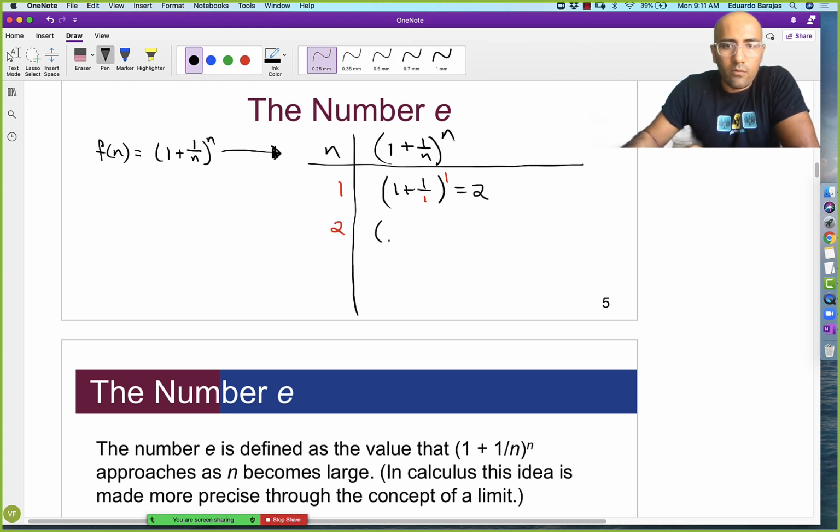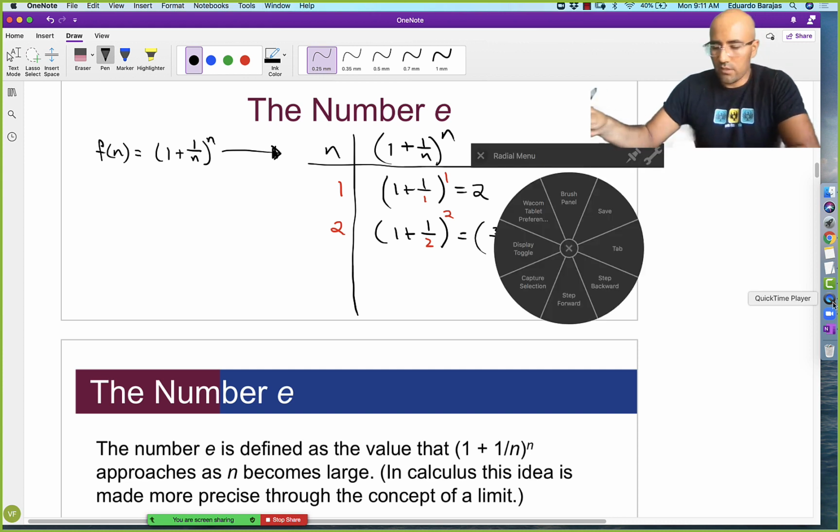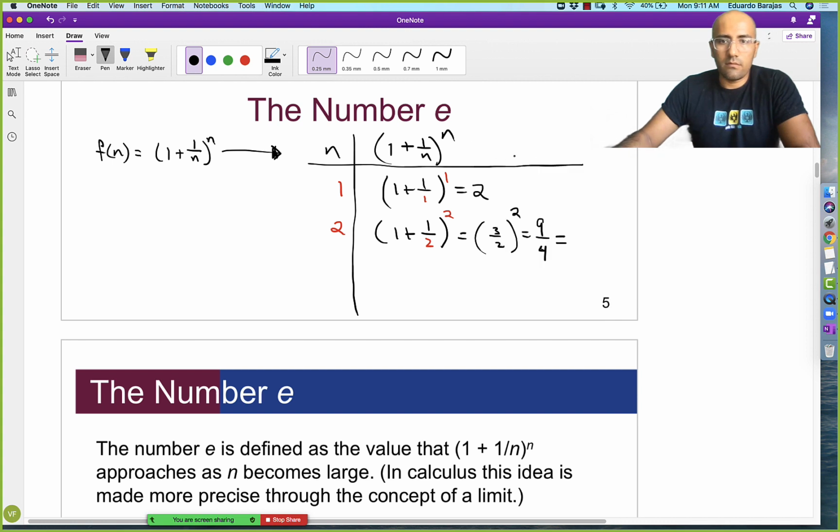Then we would have 1 plus 1 over 2, raised to the 2 power. 1 plus 1/2 is 1.5, which is 3 over 2, raised to the second power, which makes it 9 over 4. 4 goes into 9 2 times, which gives you 2 1/4, or 2.25. So that's the value we get when n equals 2.